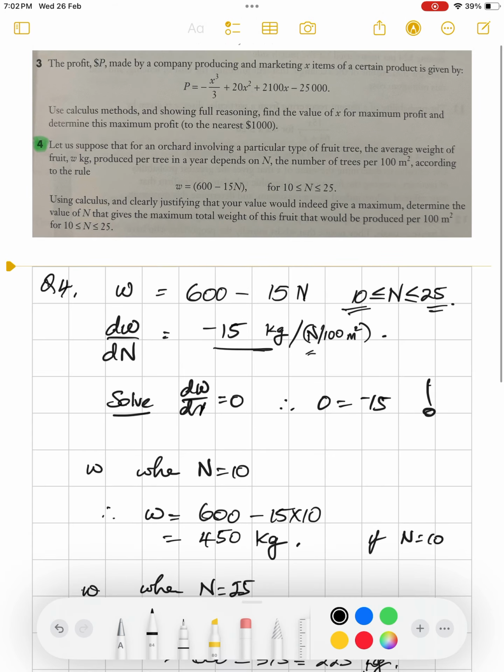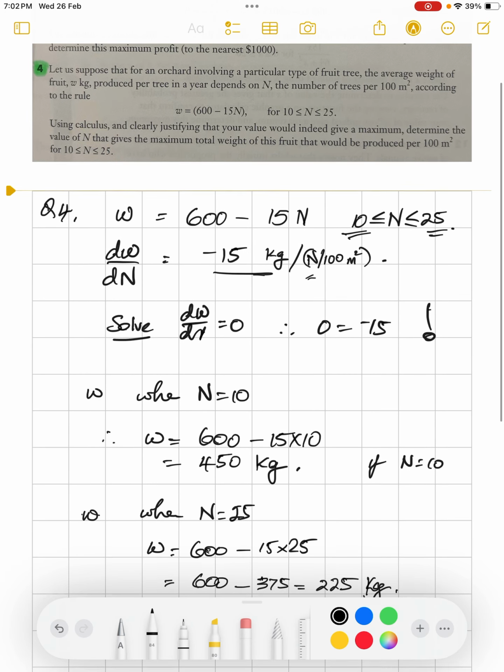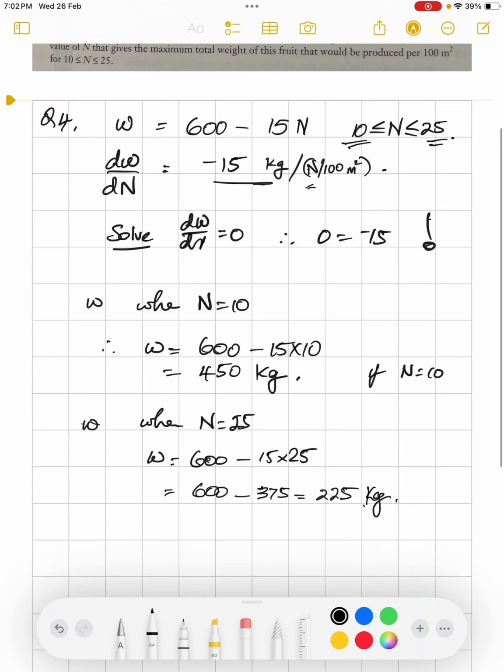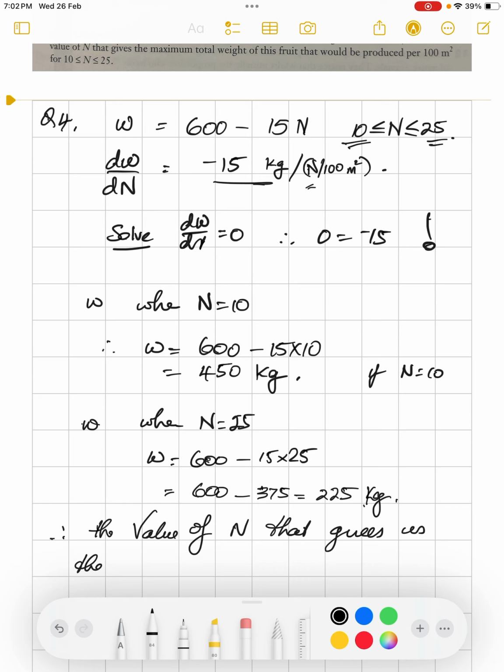It doesn't ask for the weight. We know the weight's going to be 450 kilograms, but it just wants the value of N, which is 10 trees per 100 square meters.